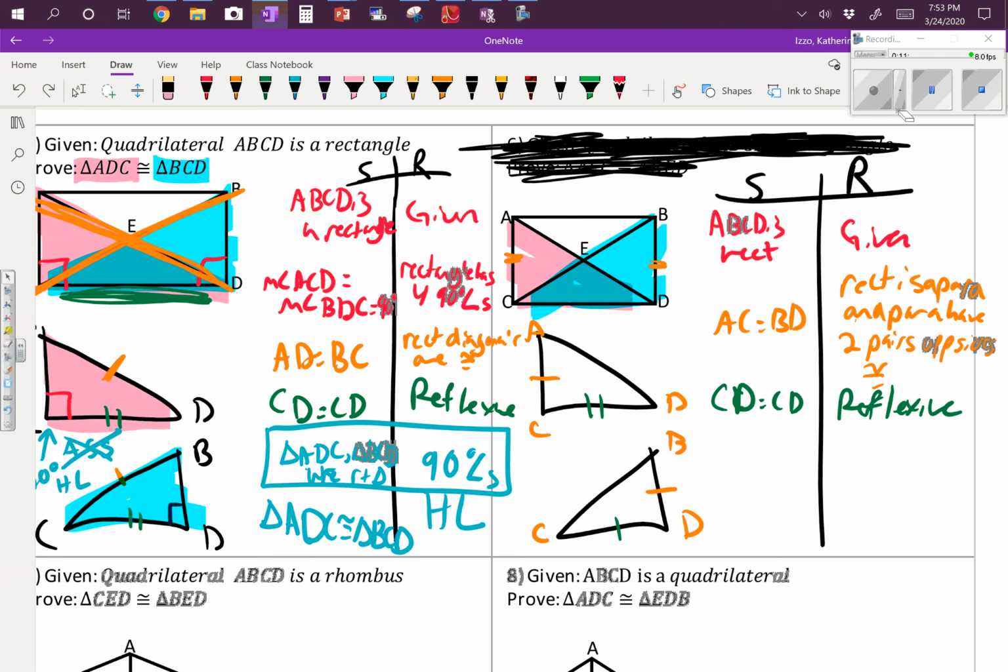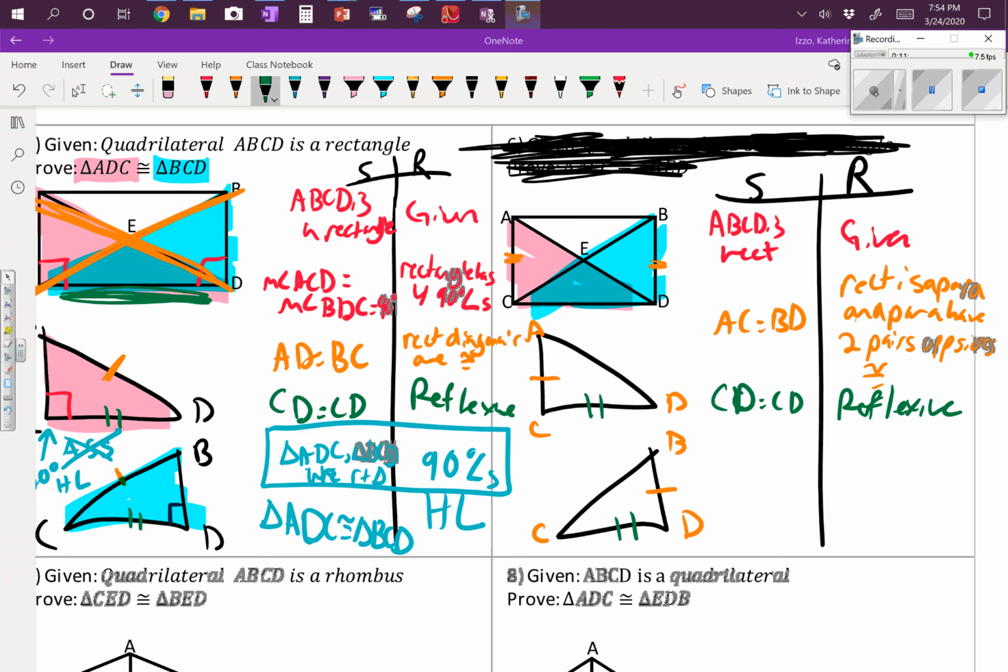You could also steal this one up here where it says rectangles have 4 90-degree angles. If you got the 4 90-degree angles, then you got side angle side. There are a whole bunch of different ways that you can prove. As soon as you know that a quadrilateral is a rectangle, that gives you so many different givens that you can use.